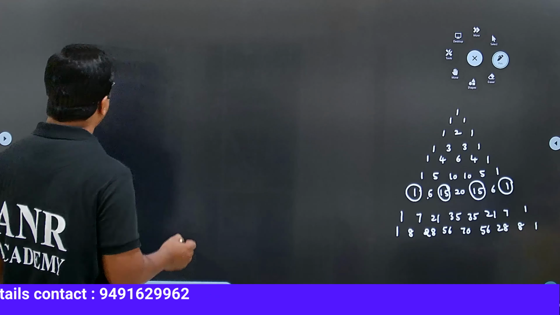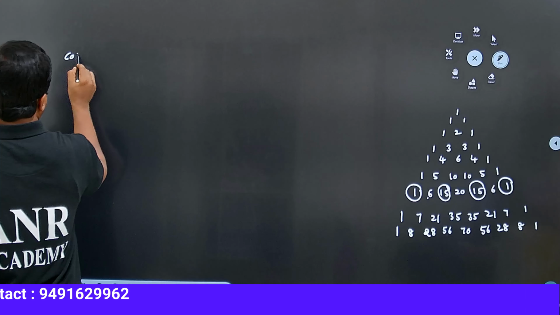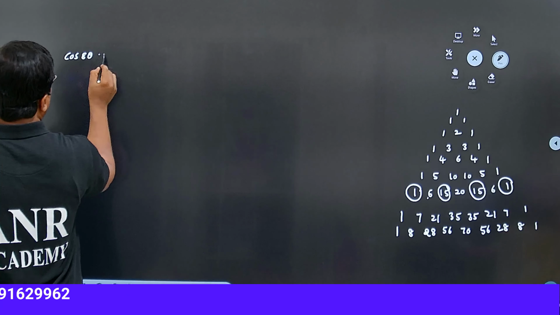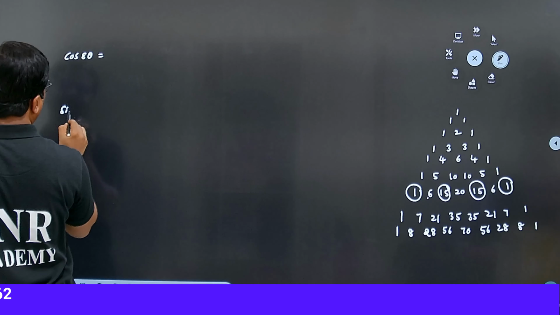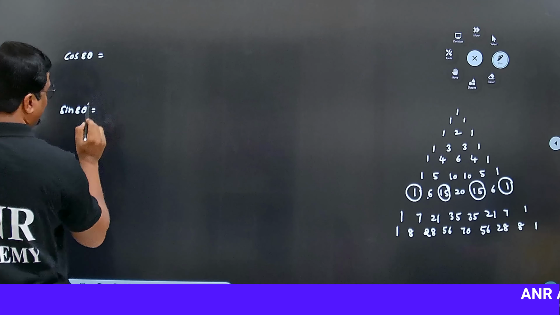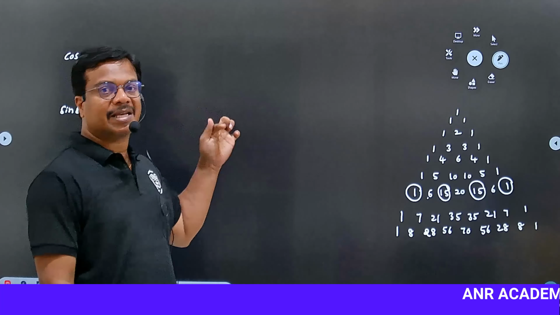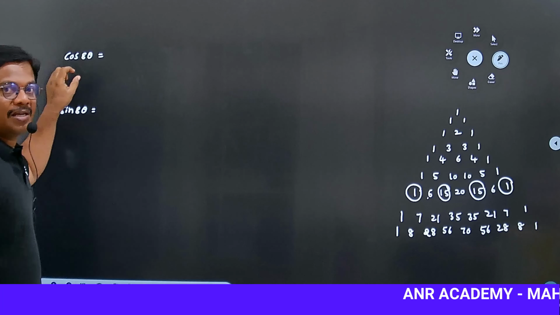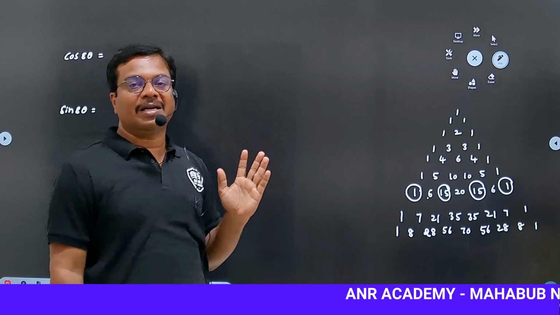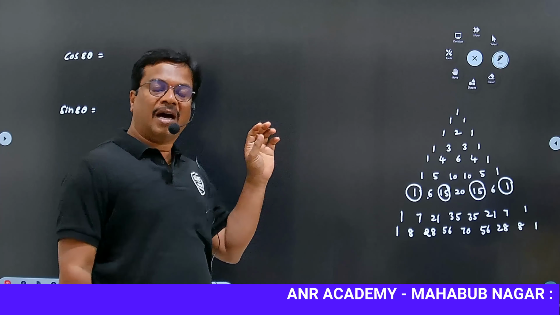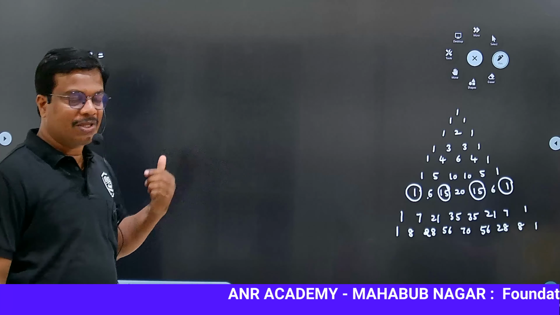See, suppose you need to write the cos 8 theta value, and then we go for sin 8 theta. First cosine angle and then sine angle. Cosine you will get by comparing the real part, and sine on comparing the imaginary part, you know this.